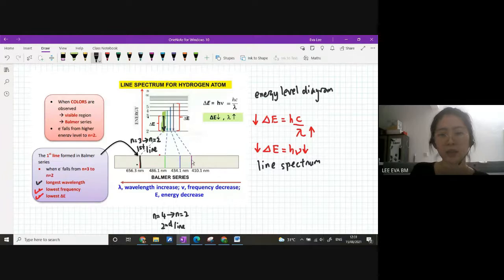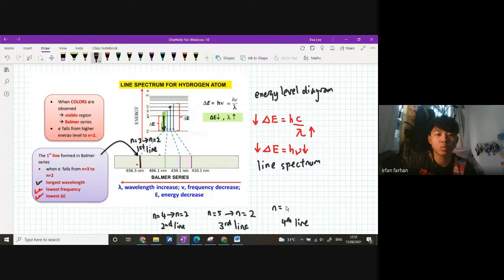Then the fourth line gets smaller again. So you will see the line spectrum has spacing similar to the energy levels. The third line, the blue line over here, falls from energy level 5 to energy level 2. This forms the third line in Balmer series. How about the fourth line? The fourth line is from where to where? From 5 to 2.